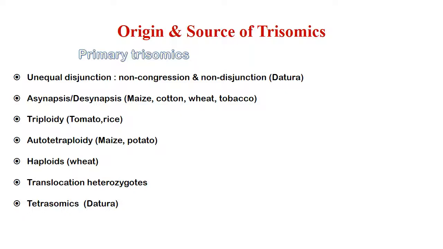Triploidy condition can be observed in tomato and rice. Autotetraploidy in maize, potato, haploids in wheat, translocation heterozygotes and tetrasomics in Datura. These are all sources of primary trisomics, and now how the primary trisomics occur.